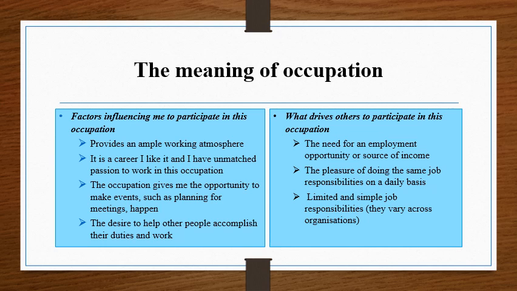The administrative office staff is a career position that offers individuals a great working atmosphere. For example, you always have plenty of time to complete your work without pressure. Also, you get to help others complete their work in time. And this occupation provides me with an opportunity to plan for events and meetings.